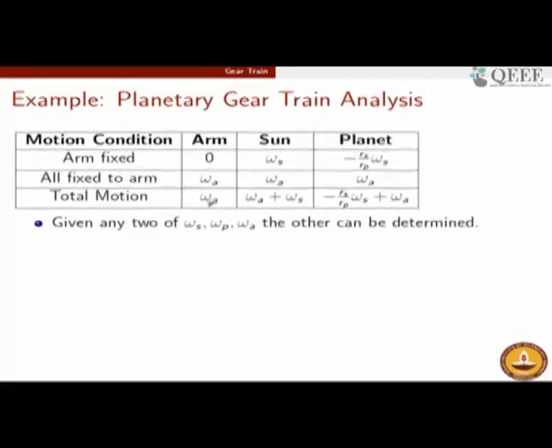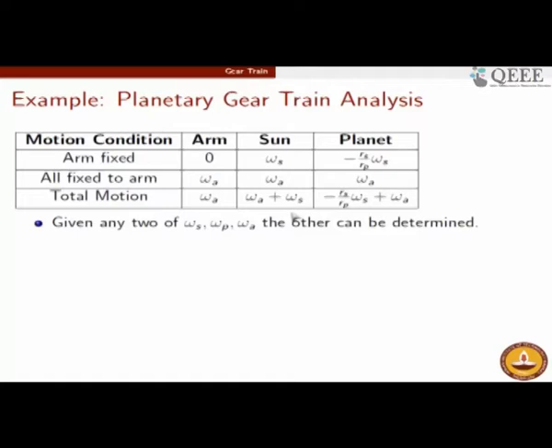After we obtain this final row, what we decide is the following, that if, for example, the sun and the planet motion is given, we can recover the arm motion by solving two sets of linear equations. Omega a plus omega s will be given, and omega a plus omega s into minus rs by rp will be given. From these two linear equations, you can definitely recover what is omega a and omega s. But understand that omega a is the arm motion, omega s is not the motion of the sun as observed from the inertial frame.